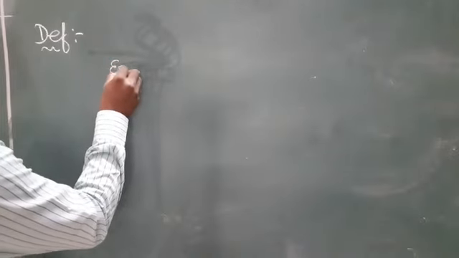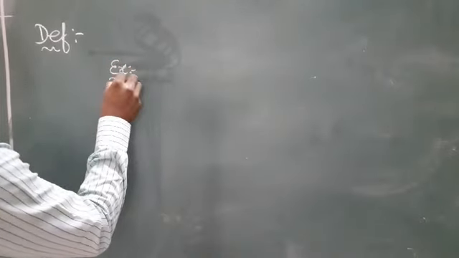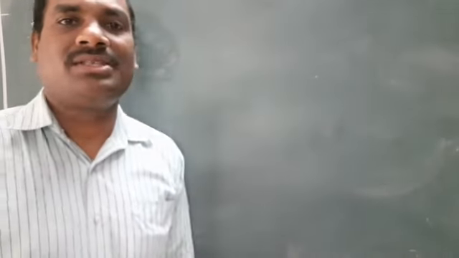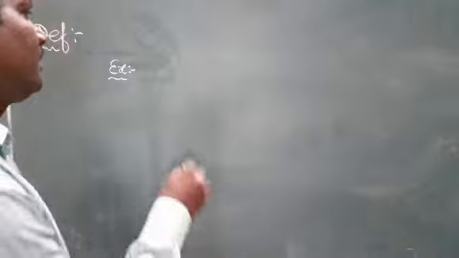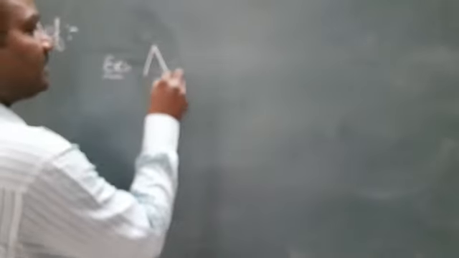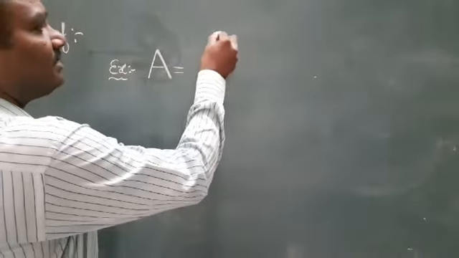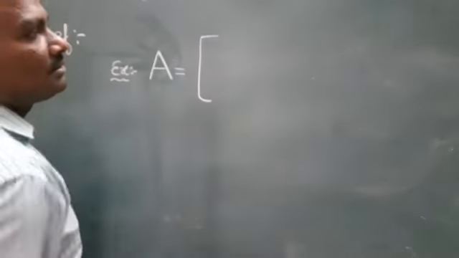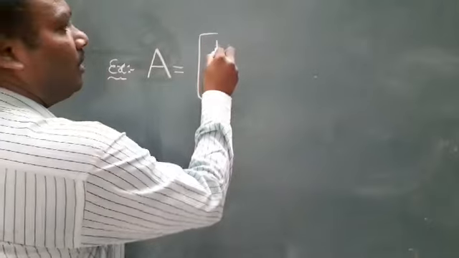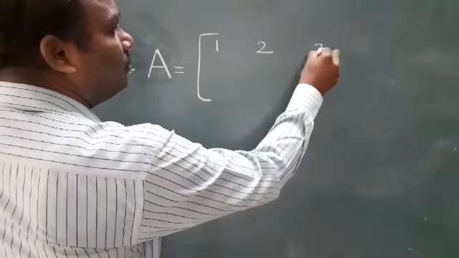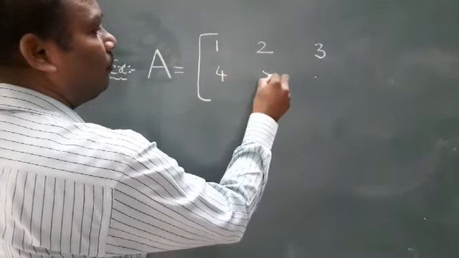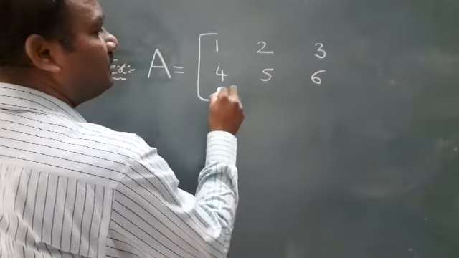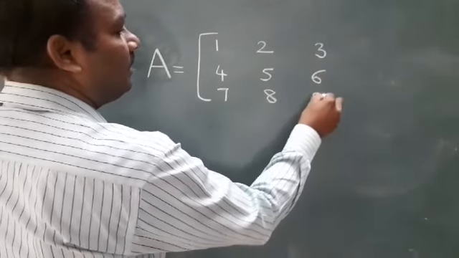For example, a matrix is always denoted by capital letters, capital A, and using square brackets: 1, 2, 3, 4, 5, 6, 7, 8, 9.